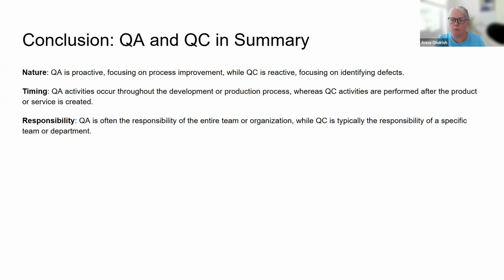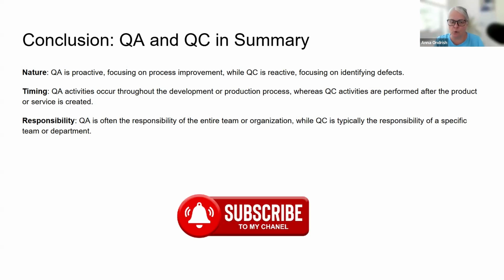Well, that would probably be your test manager or your test lead or someone at a higher level within the organization, where your quality control would be your actual execution of whatever is in those documents, which then would be a specific team or department, your developers, your testers. They would be the ones that are executing what is in the plan. So that is the difference between quality assurance and quality control.